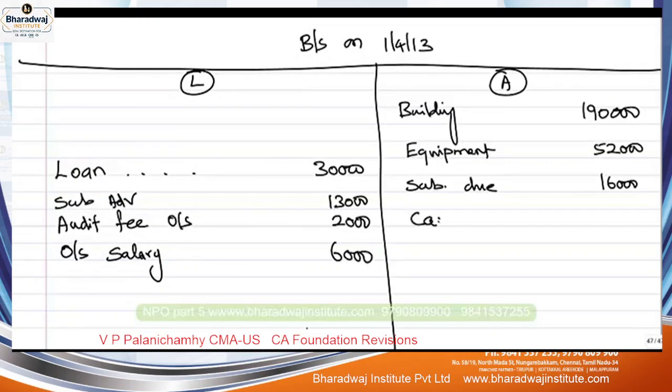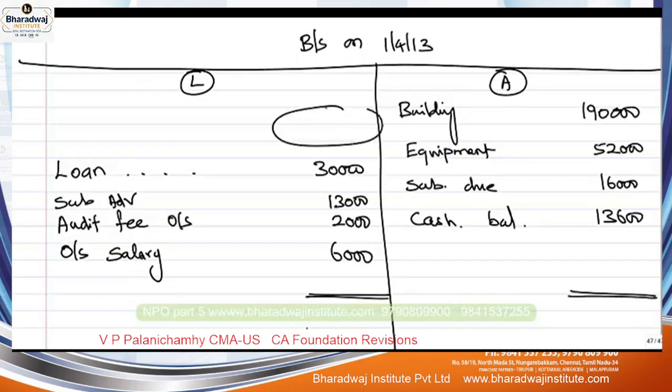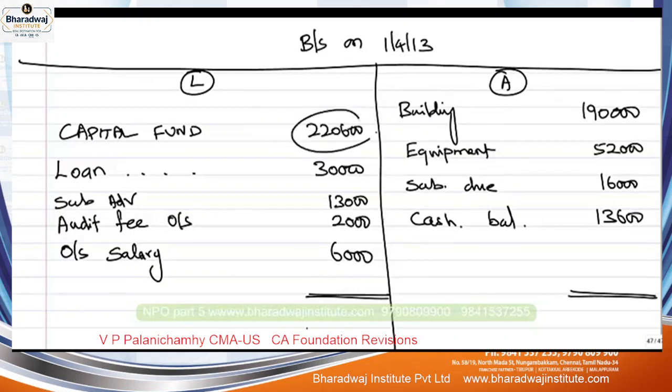Then cash balance we worked out now. How much? Then this is capital fund. Capital fund how much? 2,20,000.